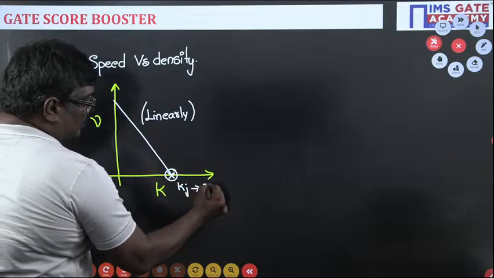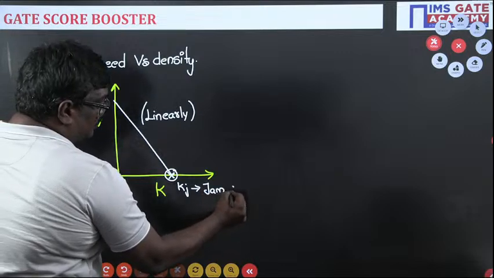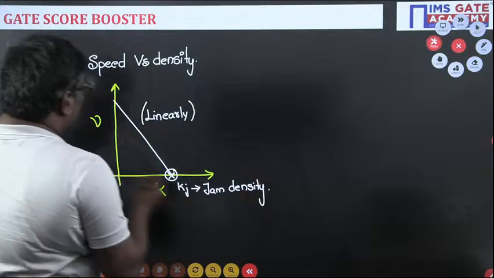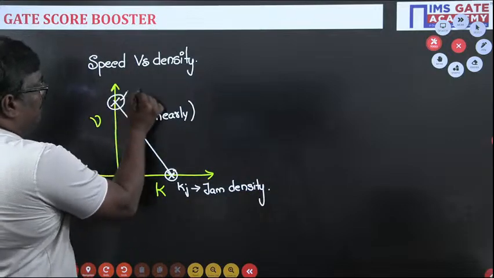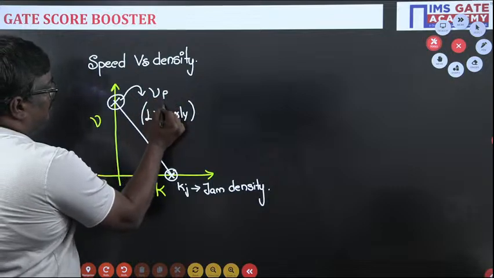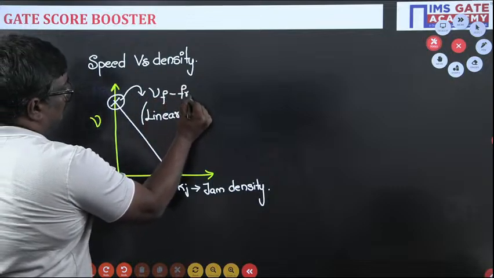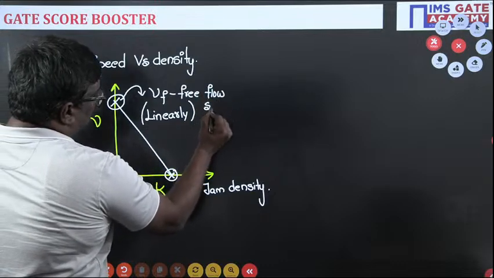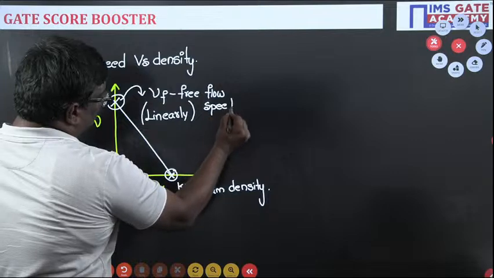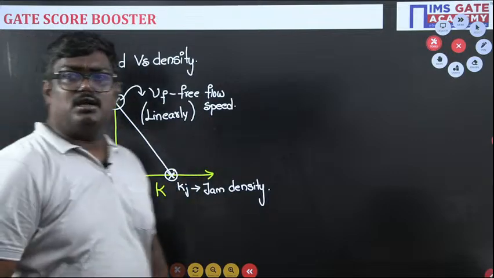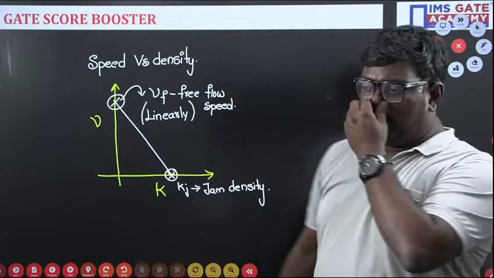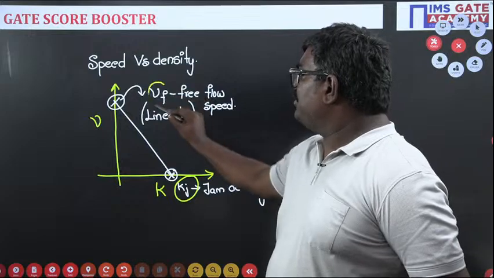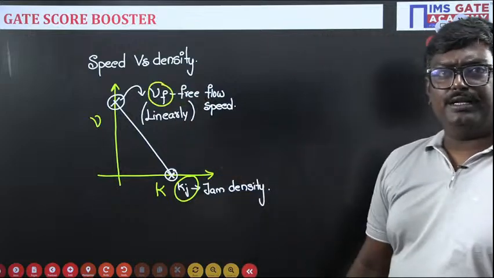Kj is nothing but jam density. And here we have Vf, which is known as free flow speed. Vf is nothing but free flow speed. Kj is called jam density. Vf is known as free flow speed.